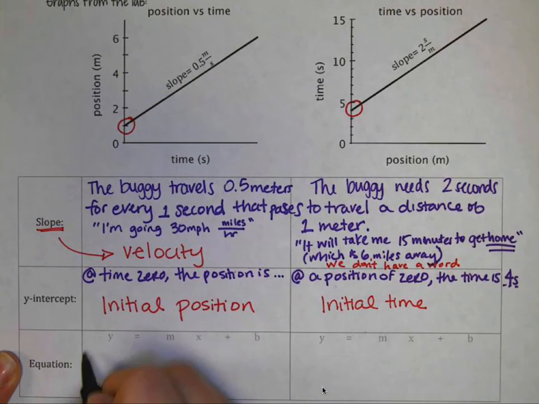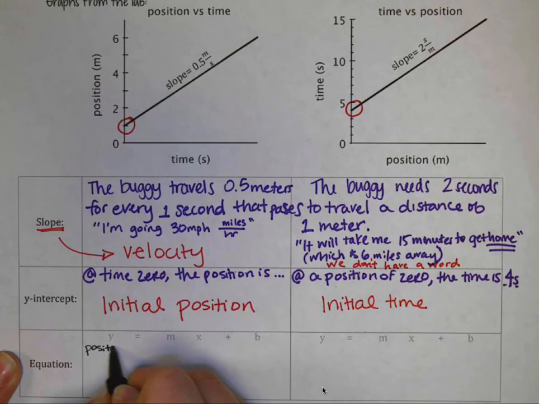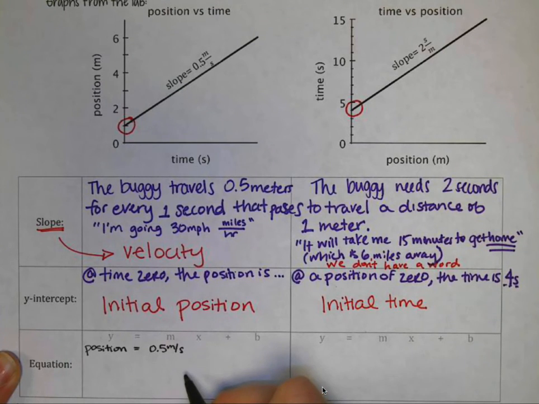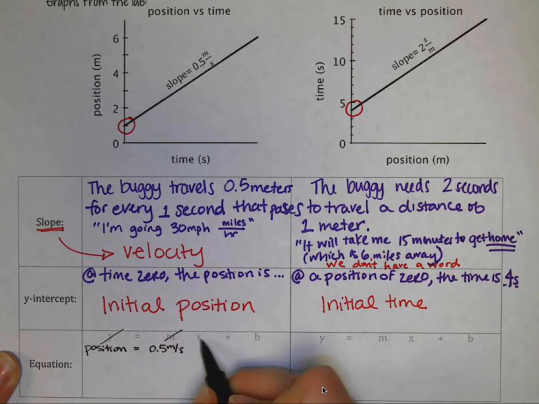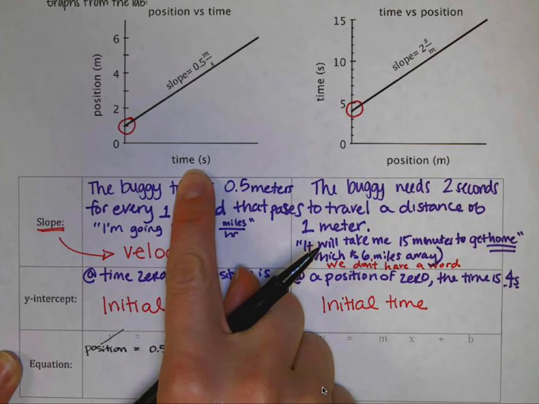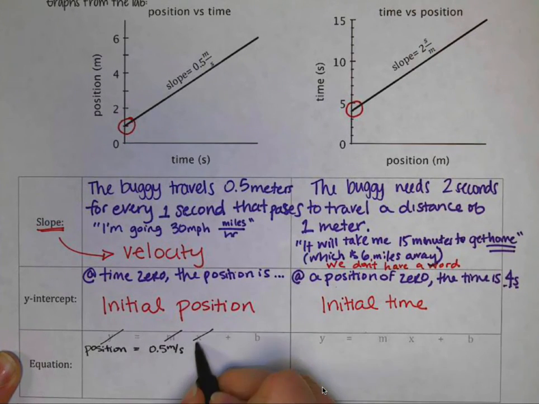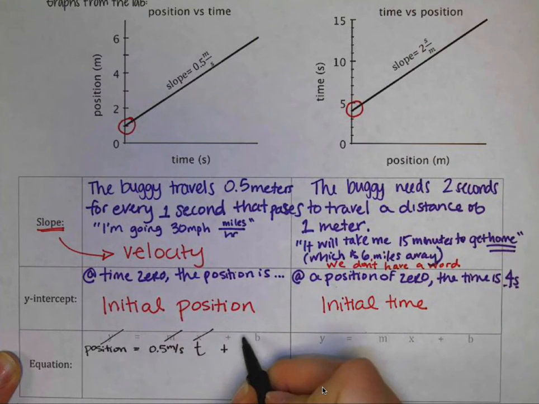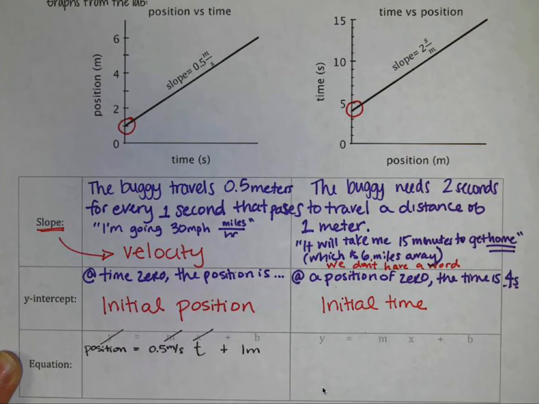So position is equal to the slope, which I'm going to write the actual slope for this one here, 0.5 meters for every second, times, so that's my y and my slope, times, x is not really x, that does not mean position, it's talking about your x-axis, your horizontal axis. So times time, a lowercase t, plus, and then we had an initial position of that point at 1 meter. So I'm going to include that in there.